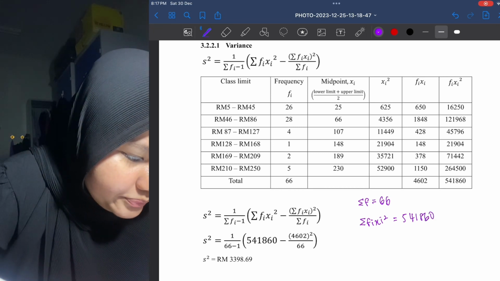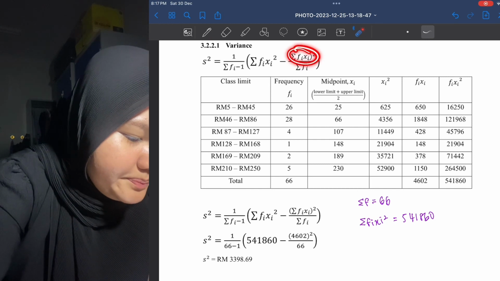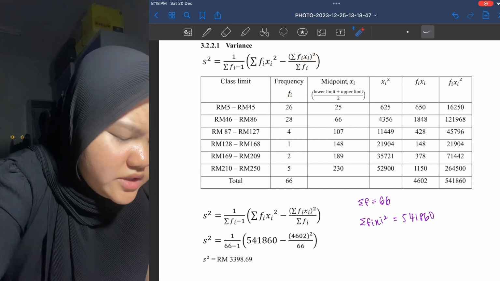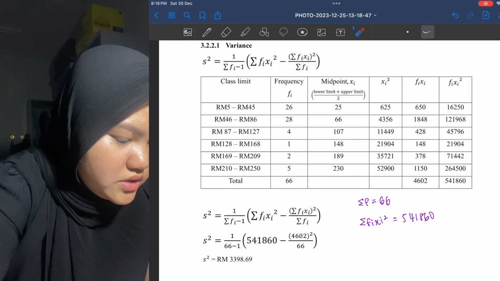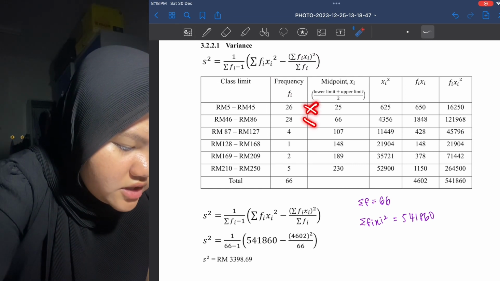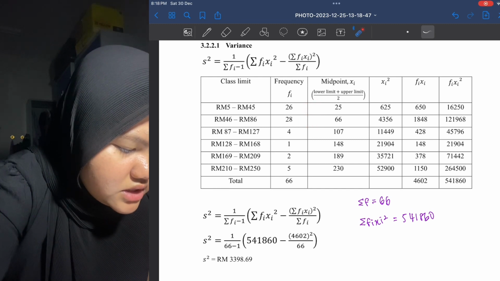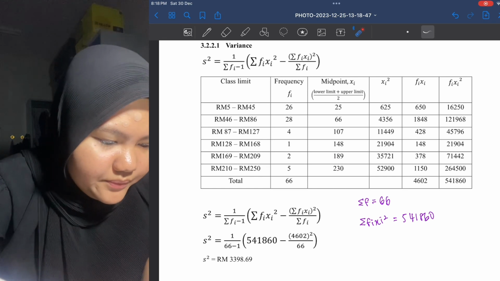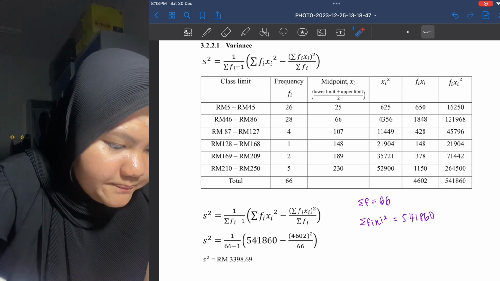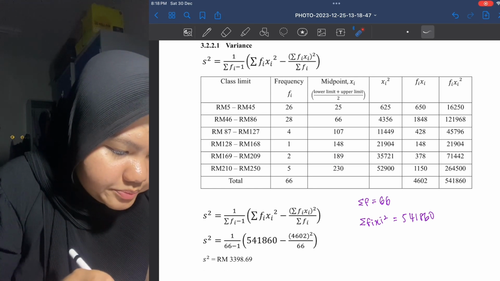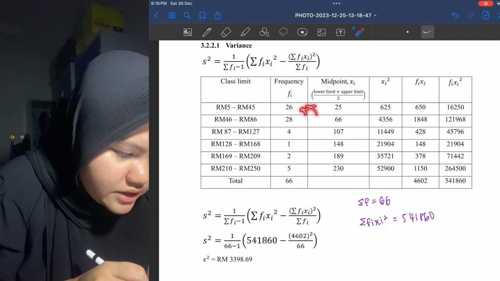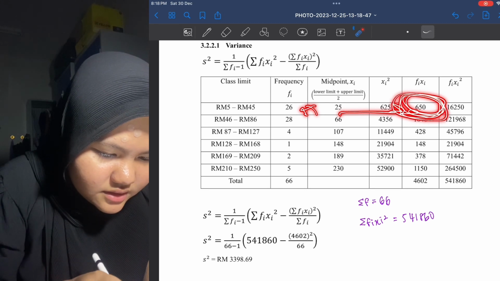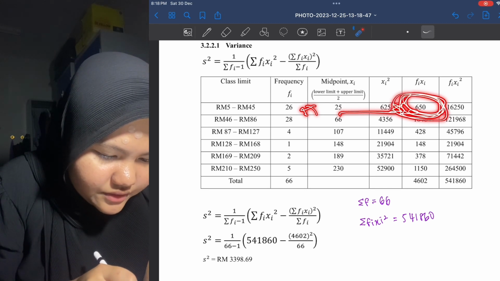And then let's find this one: frequency multiplied by midpoint. Just multiply 26 by 25, 28 by 66, and so on for the next classes. 26 multiplied by 25, you will get 650.